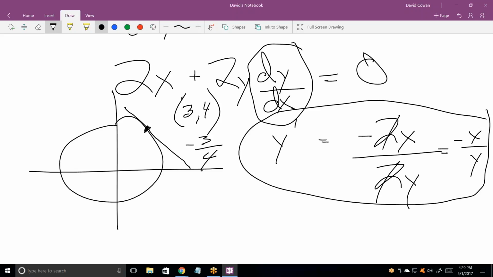Notice that if I'm interested in that point there, then I'll plug in the appropriate x and y. And it's a negative x, a positive y, so I'm going to have a positive slope. If I want the slope down here, I'll plug in x of 0, whatever the y is, the slope's going to be 0. That slope is flat.